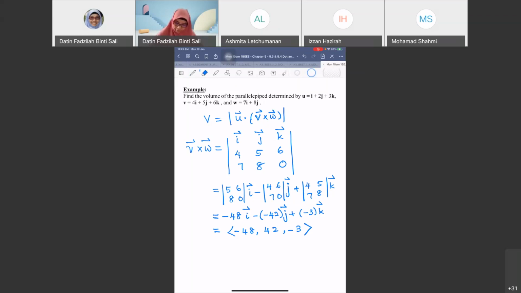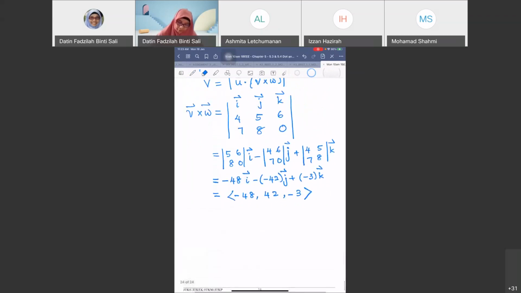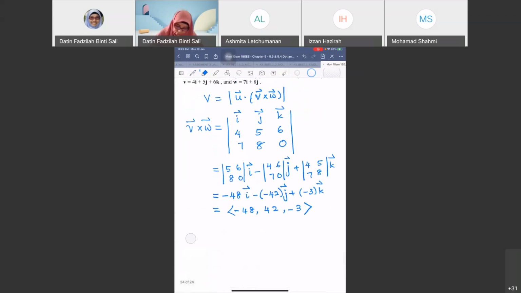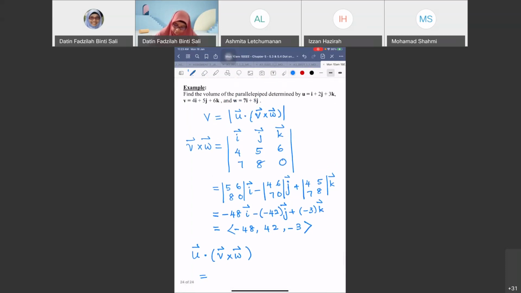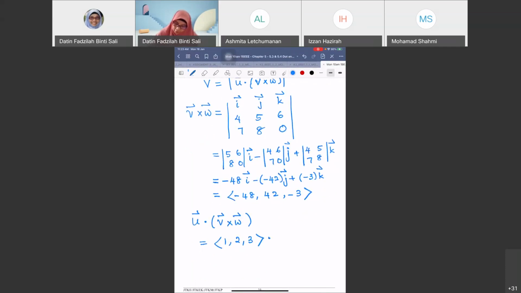Then finally, what you want is the U dot V cross W. Which means your U vector is 1, 2, 3 from the question. Dot with the one that we have found from our cross product, minus 48, 42, and minus 3.